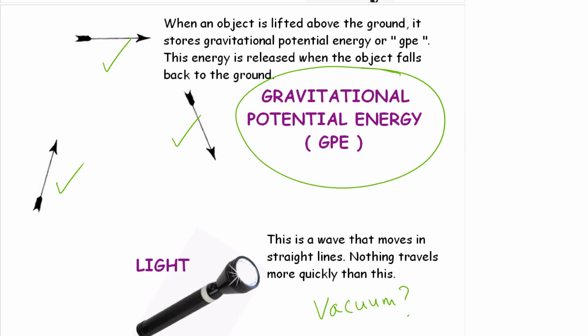It makes a little bit of sound. If you then pick the same ball up and put it over your head and let it drop, it's got more stored energy. It converts that into movement or kinetic energy before it hits the ground and releases a lot of sound energy. That will do for lesson 1.